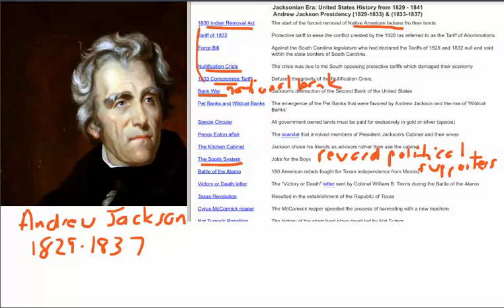And the compromise passed, and South Carolina accepted it, and the crisis was over. So many historians would argue that President Jackson was very successful in keeping the United States together and avoiding a civil war and making sure that no state could ignore national law.